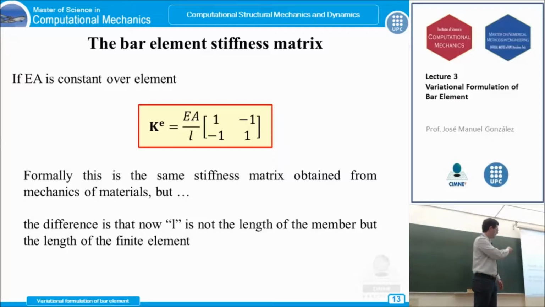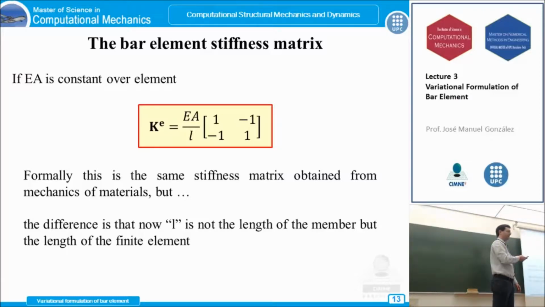Well, this L dividing the axial rigidity has a physical meaning, which is the length of our member, our finite element member, the length of the discretization we have considered in our bar element discretization. Okay, which is not the same as the L we found last day, which is the length of the whole bar.